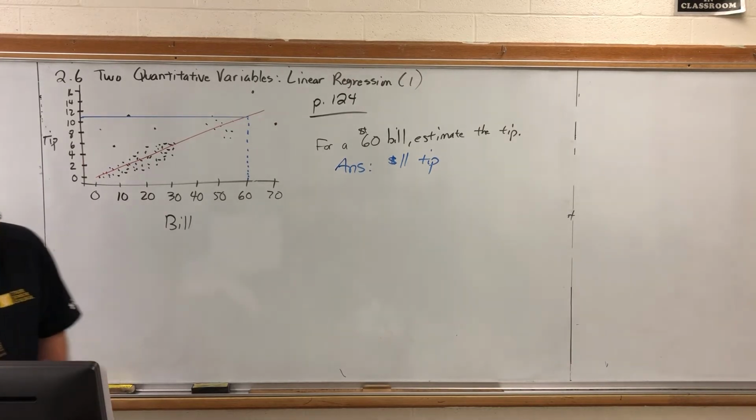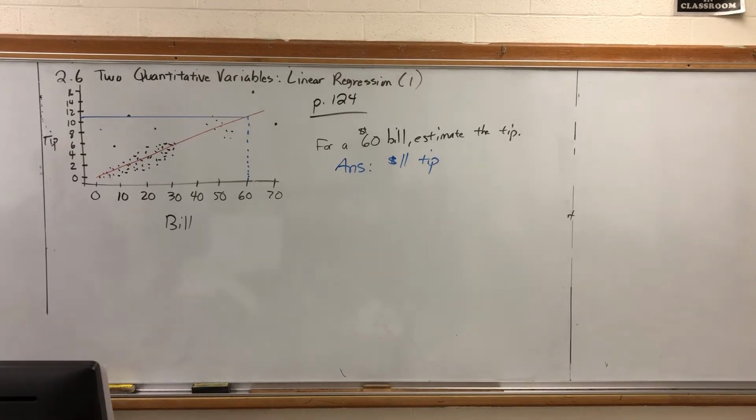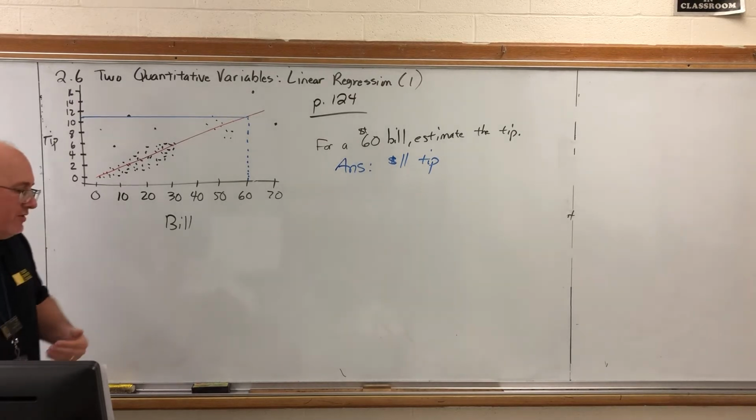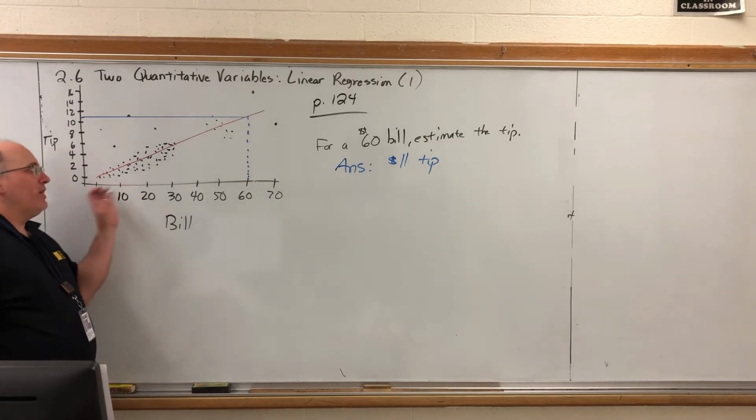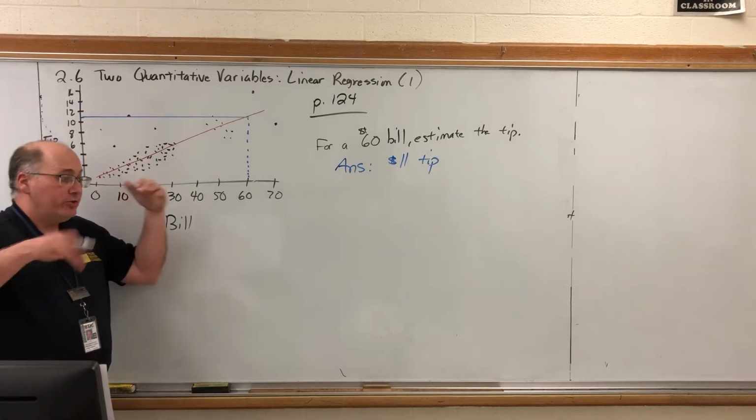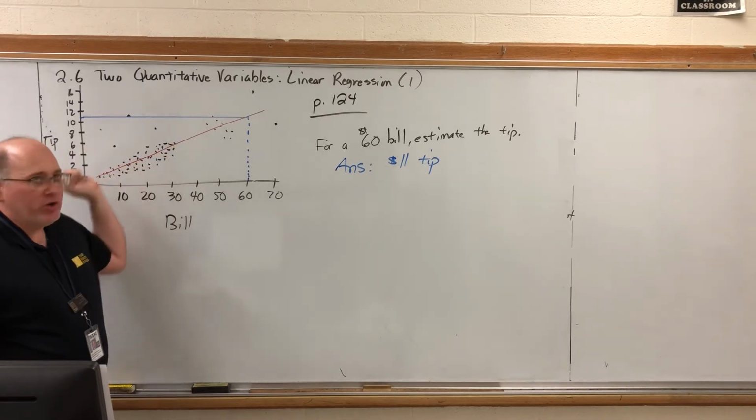Now, we could come up with some more questions if we knew what the equation of that line was. And we can actually come up with the equation of the line using a little bit of calculus. Of course, this is in a calculus class, so we would relegate it to technology. I take that back. There is a way to take all of these ordered pairs, do some arithmetic, and come up with the equation of this line.